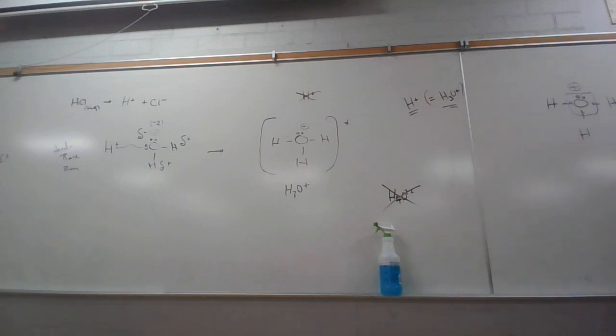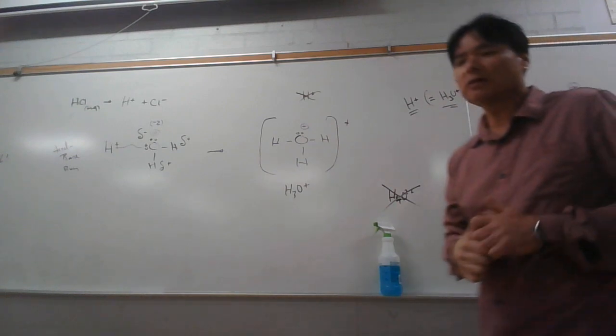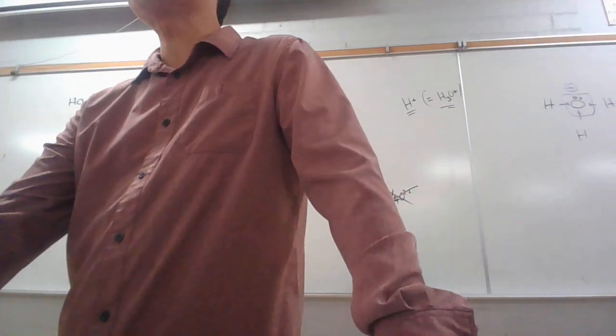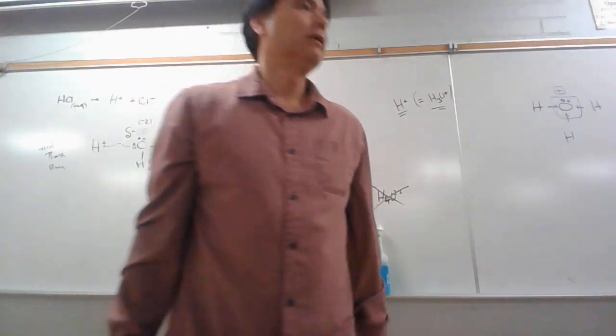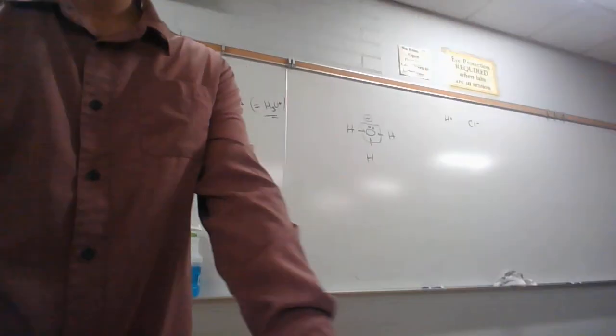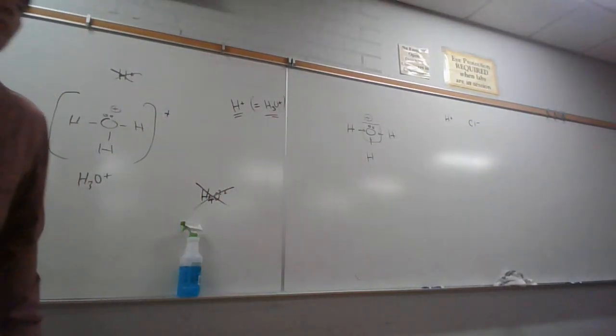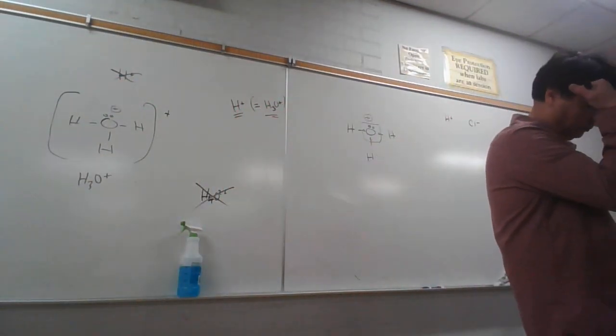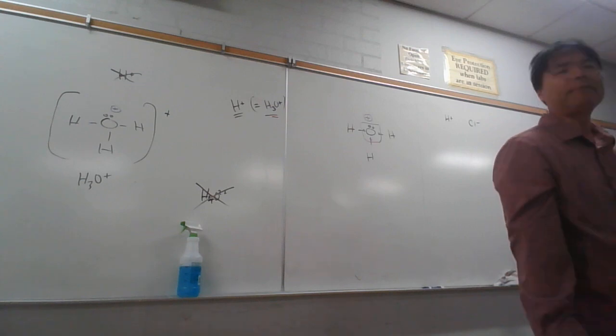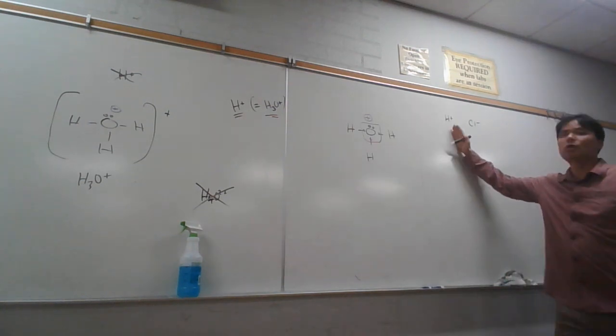So let's go back and look at HCl. HCl consists of H+ and Cl minus. We already looked at the metathesis. Did we finish the metathesis properties? Okay. H+ likes what anion?